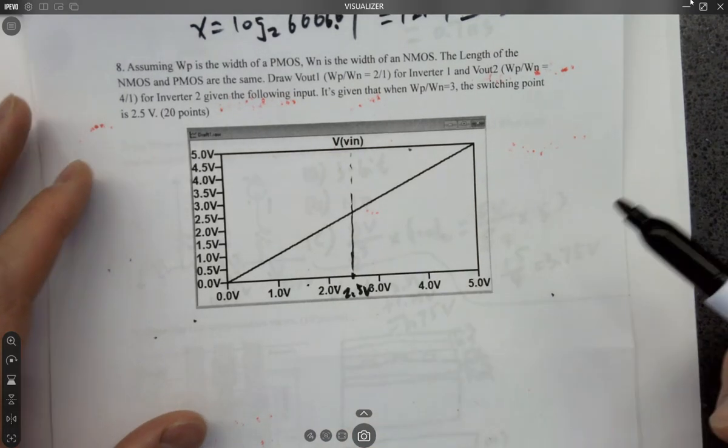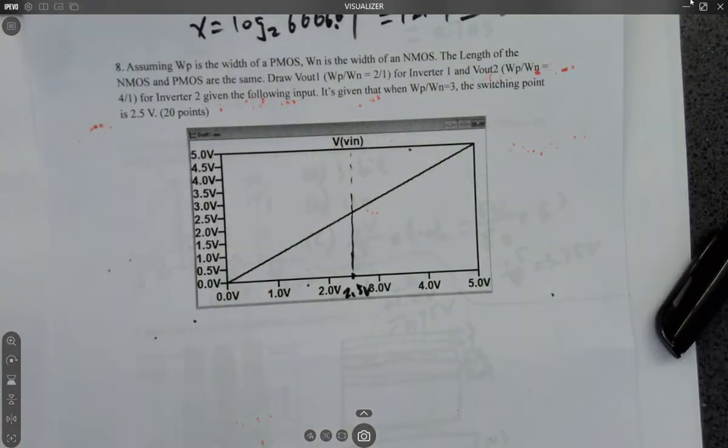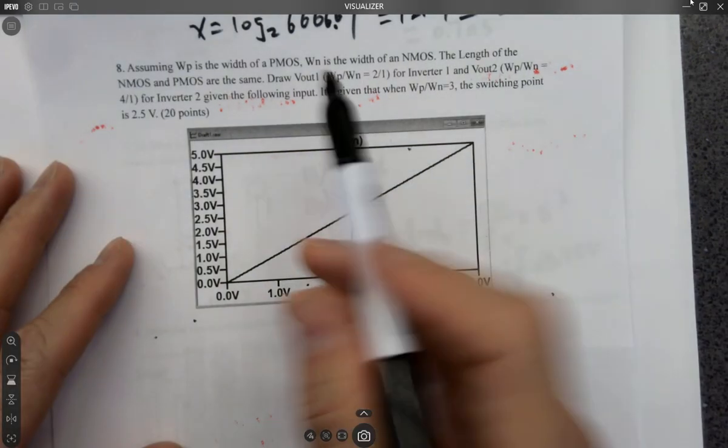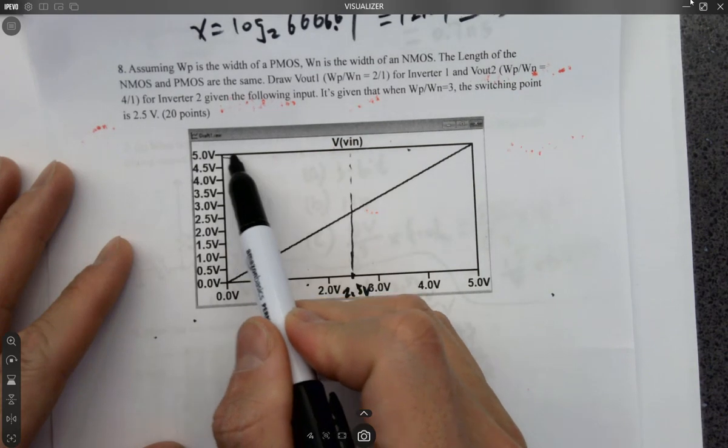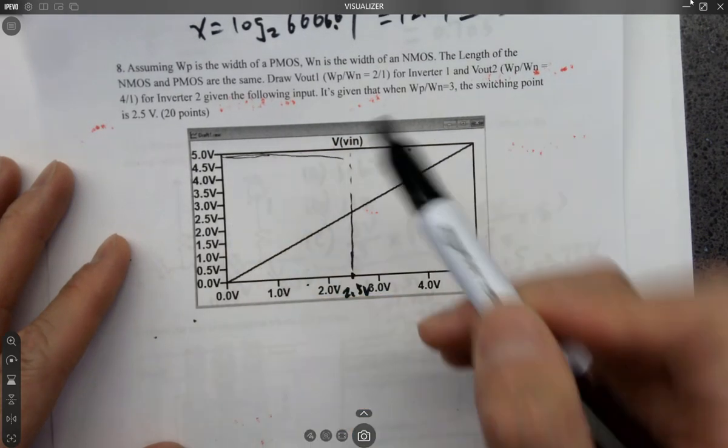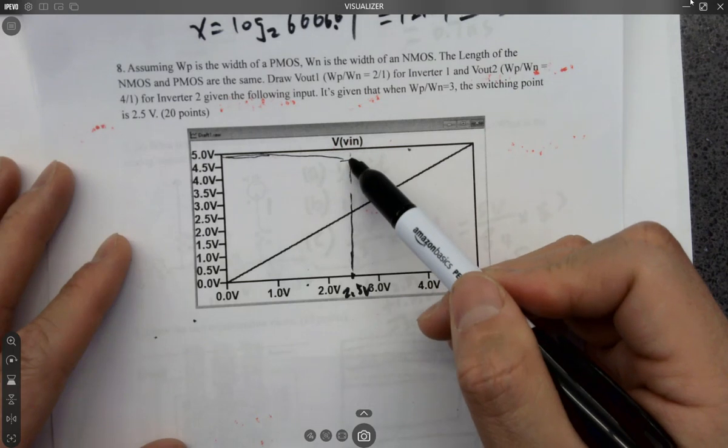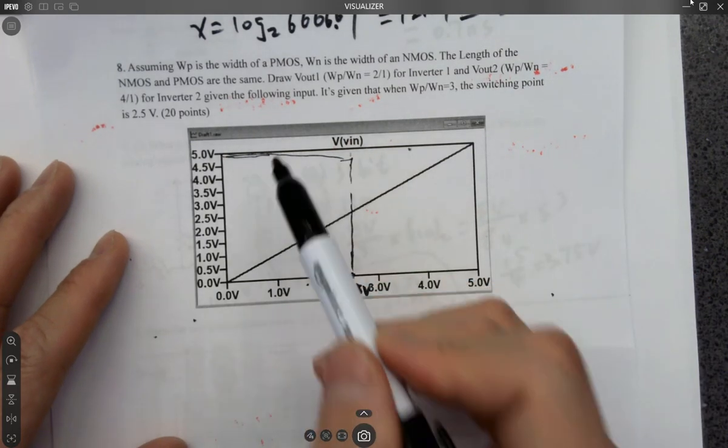It doesn't make sense. The inverter is going to swing up and down rail to rail, but there will be a little loss, like 0.something volts, for the PMOS and NMOS, but it will be very close to 5 volts, right? It will be like this. So the loss is tiny.